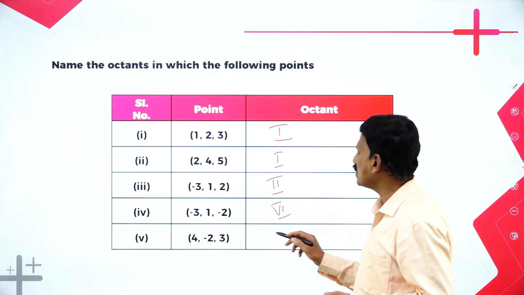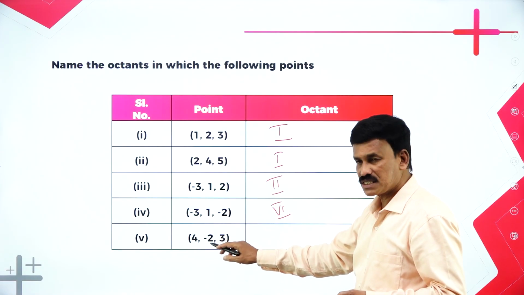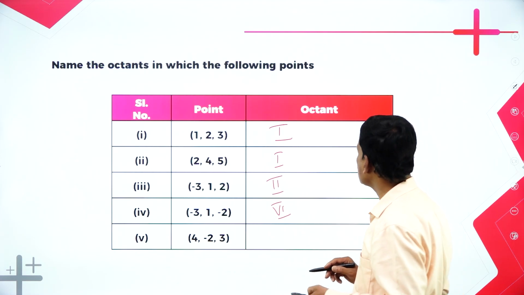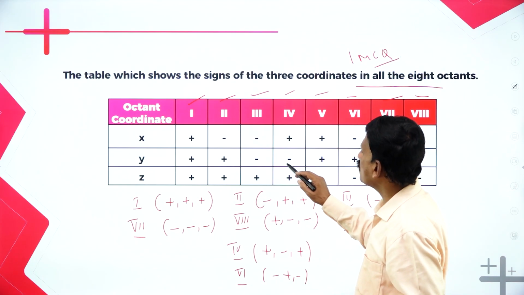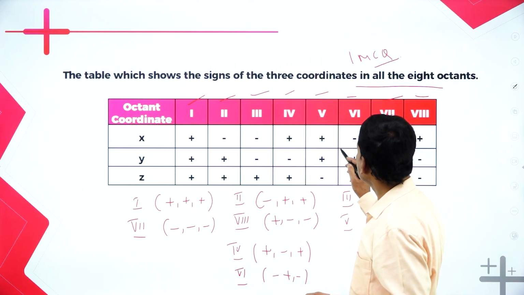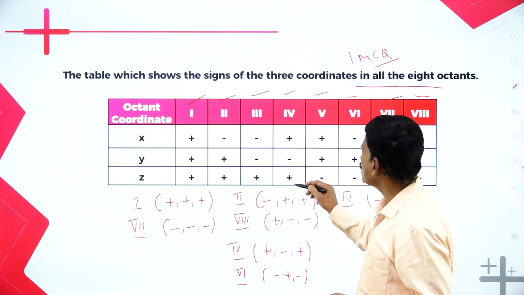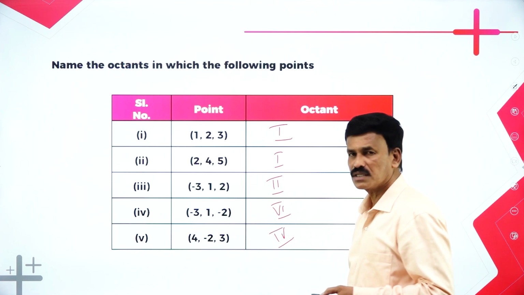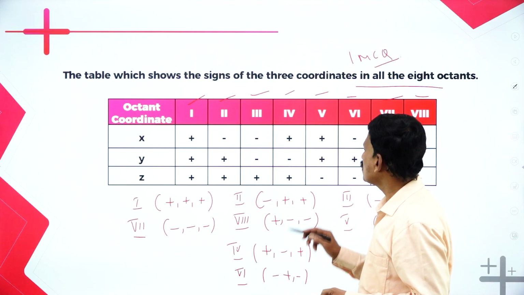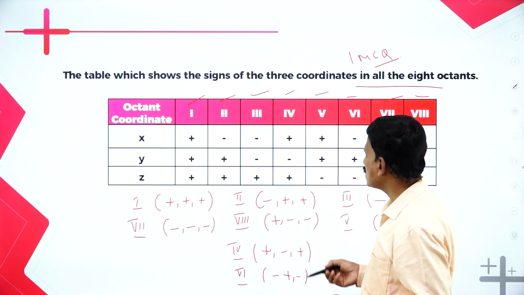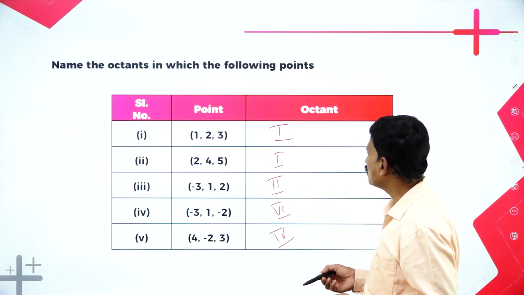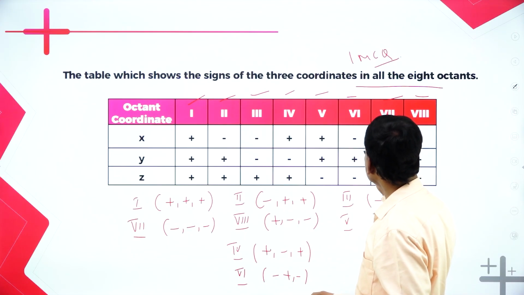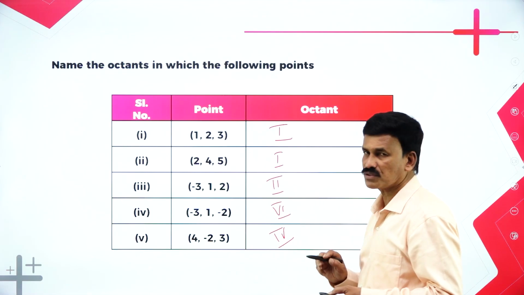Similarly, move on to the next one, this is plus, minus and plus. So x is positive, y is negative, z is positive, which means that is in the fourth octant. Plus, minus and plus is in the fourth octant, whereas minus, plus and minus comes in the sixth octant.